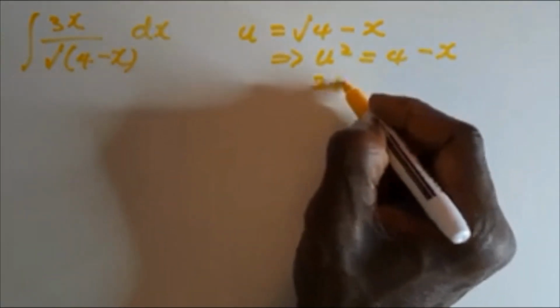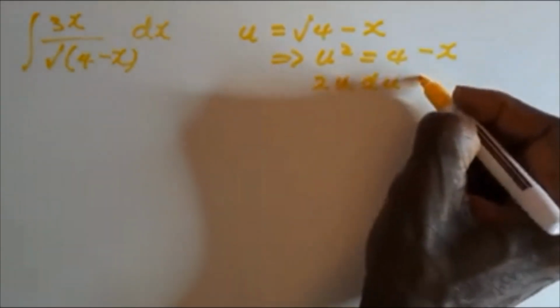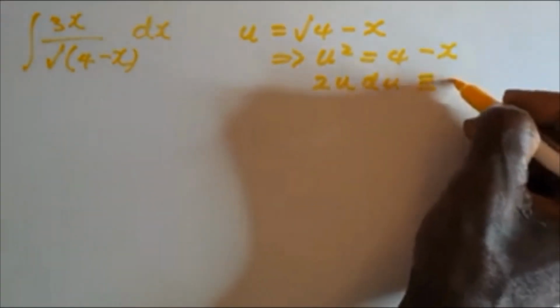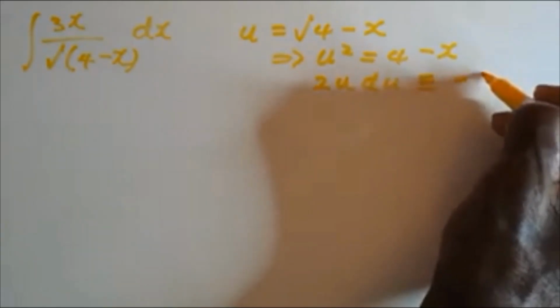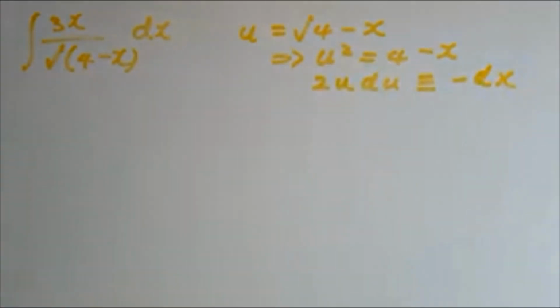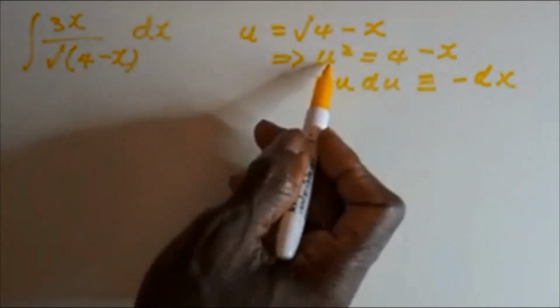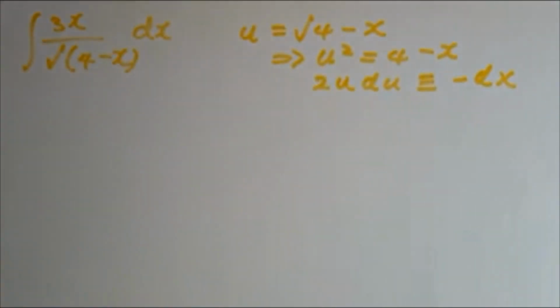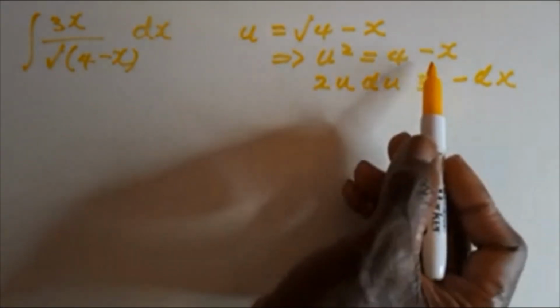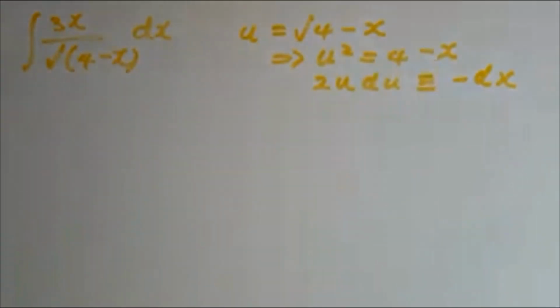If you differentiate this with respect to x, we have 2u du over dx, but when we differentiate the right hand side, we have minus 1, rearranged to have 2u du is equivalent to minus dx.